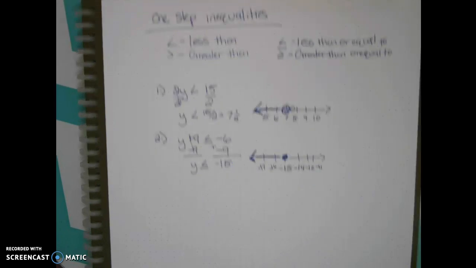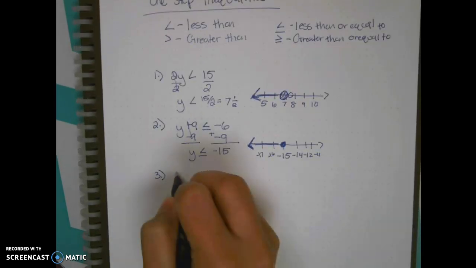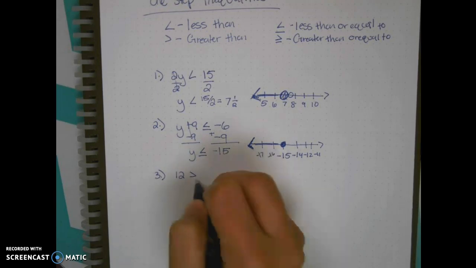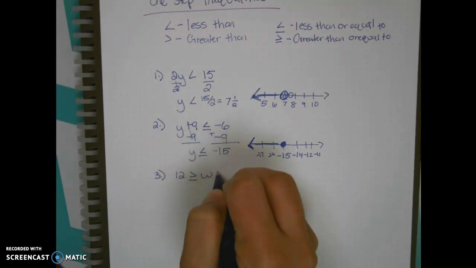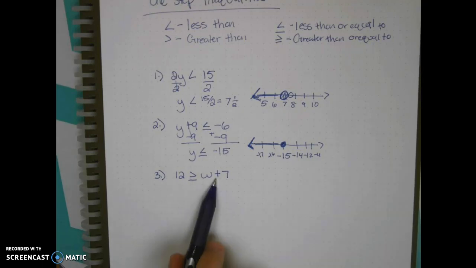The next problem we're going to be dealing with is 12 is greater than or equal to w plus 7. You can try this by yourself and pause the video at this time if you want to try it, but here we go. Need to get the w by itself. I'm going to do the opposite of addition, which is subtraction.